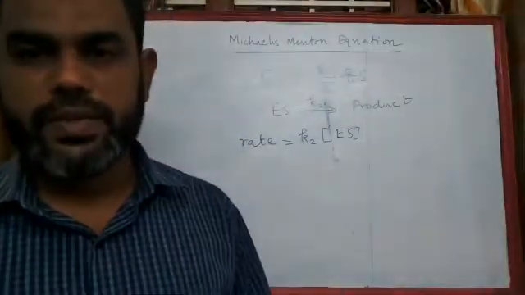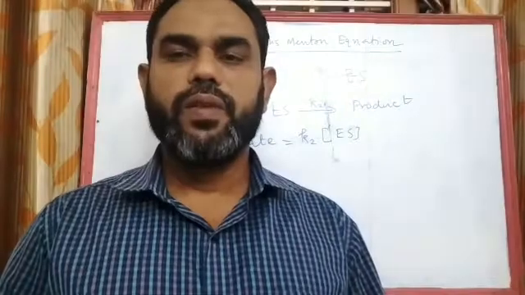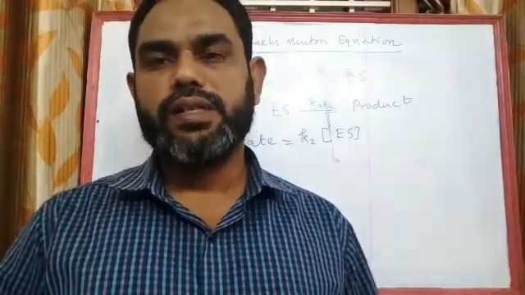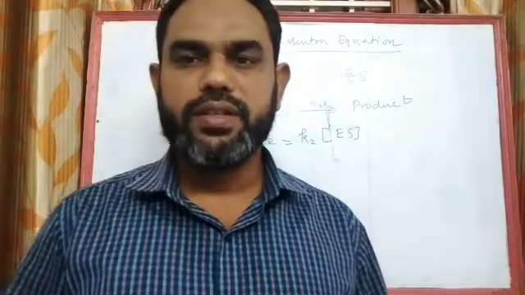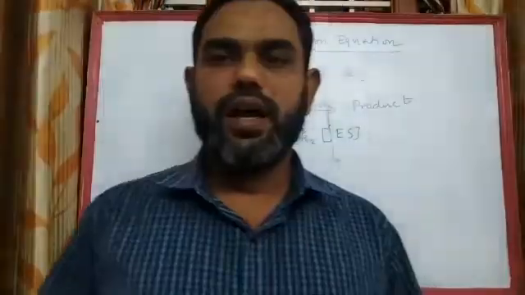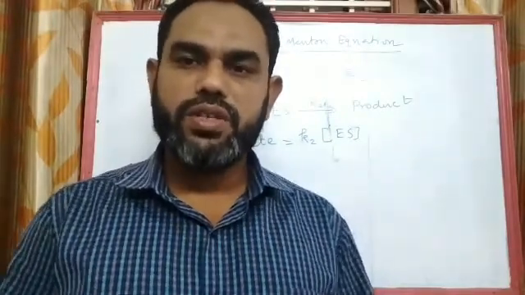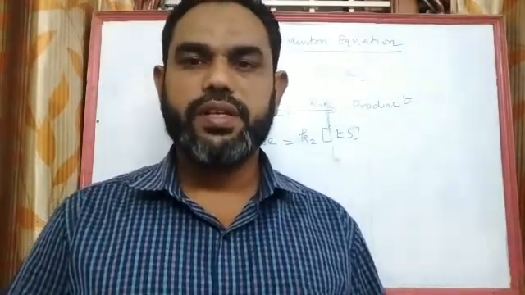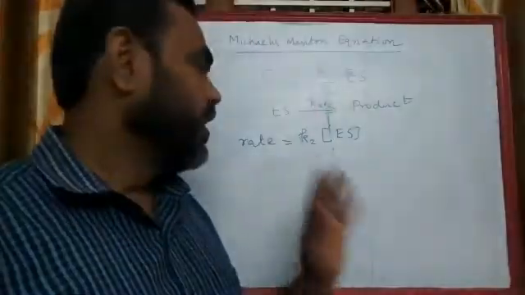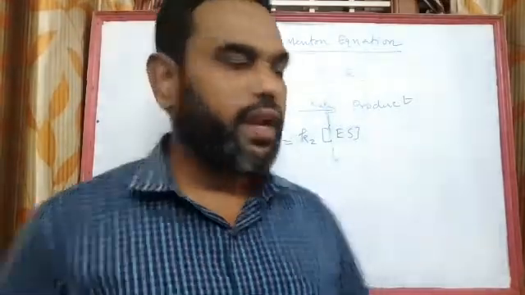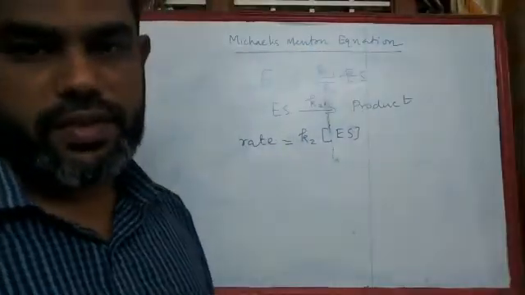Finding the enzyme substrate intermediate complex concentration is very difficult because it is short-lived, and the moment it is formed it decomposes. Hence we used the steady state approximation to find this ES, the enzyme substrate intermediate complex. Then finally we substituted it in the equation.